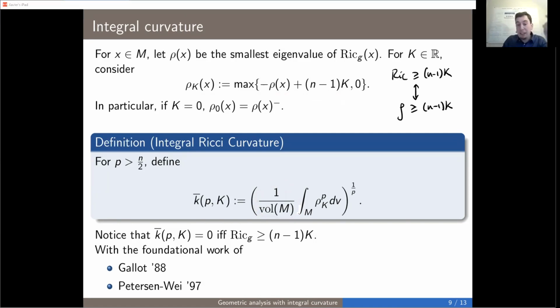In particular, this is a non-negative quantity, and if this number is zero, that means that the integrand was zero, right? And if the integrand is zero, that means that you had a pointwise lower bound on the Ricci curvature, okay?